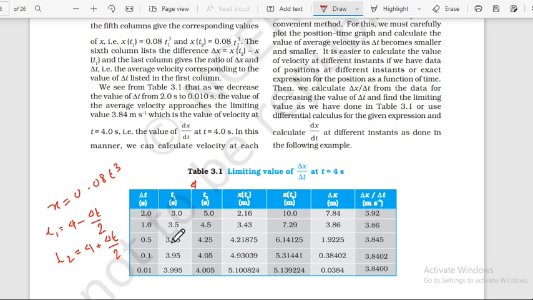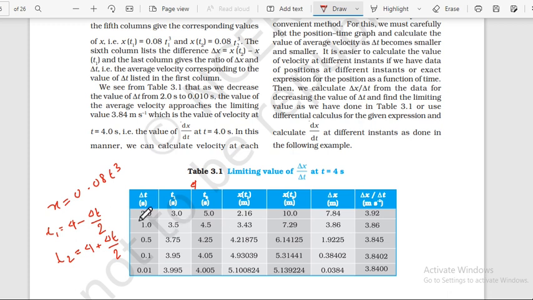Then we take delta t as 1, so it's half. We will do 4 minus 1 by 2, that means 0.5, so we have 3.5 and 4.5. So 0.5 before 4 and 0.5 after 4.